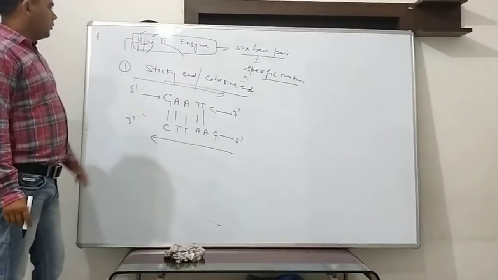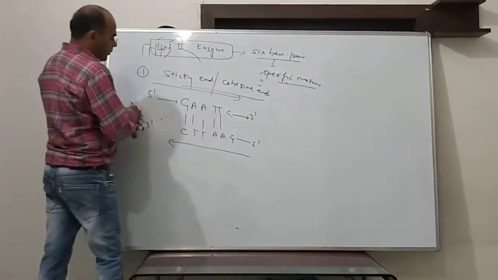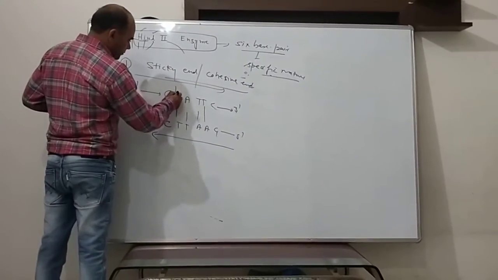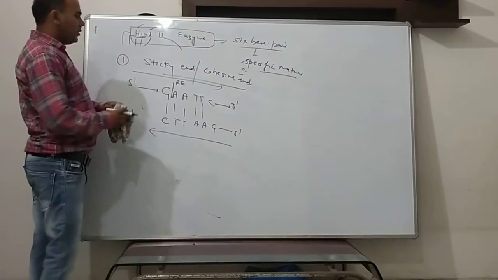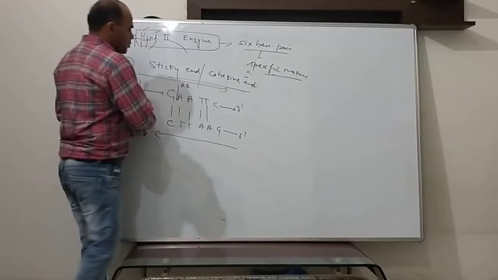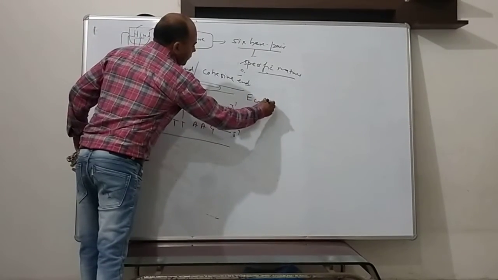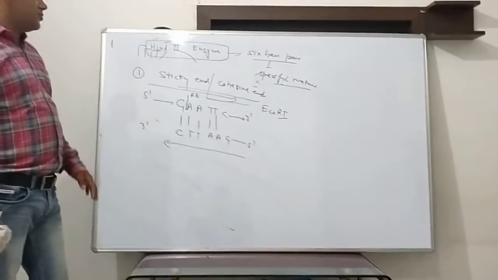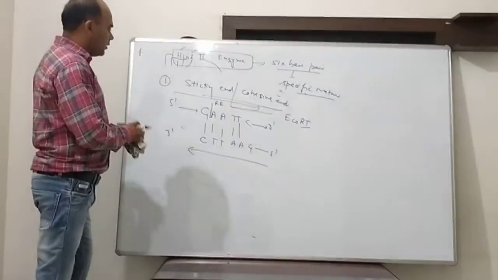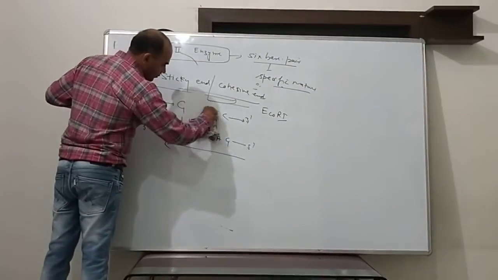If we want to create a sticky end, make the cut here with the help of any RE. Here the particular RE used is EcoRI. This is also the name of a restriction endonuclease enzyme. How will it make the cut? It will cut here and remove this portion.